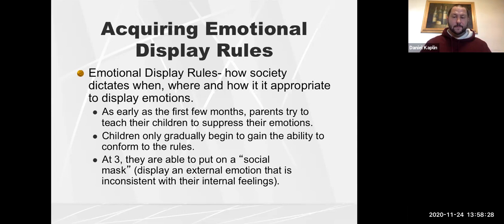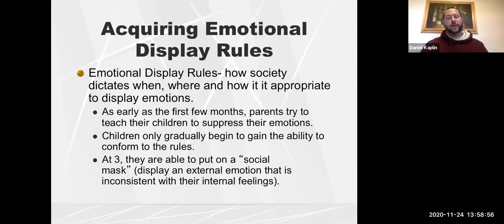Now, what's interesting is that by the age of 3, children are masters at learning display rules. So they're able to put on what's called a social mask and show the emotions that society wants from them rather than their internal feelings. So they're putting on a social mask so as not to have to show their true feelings.